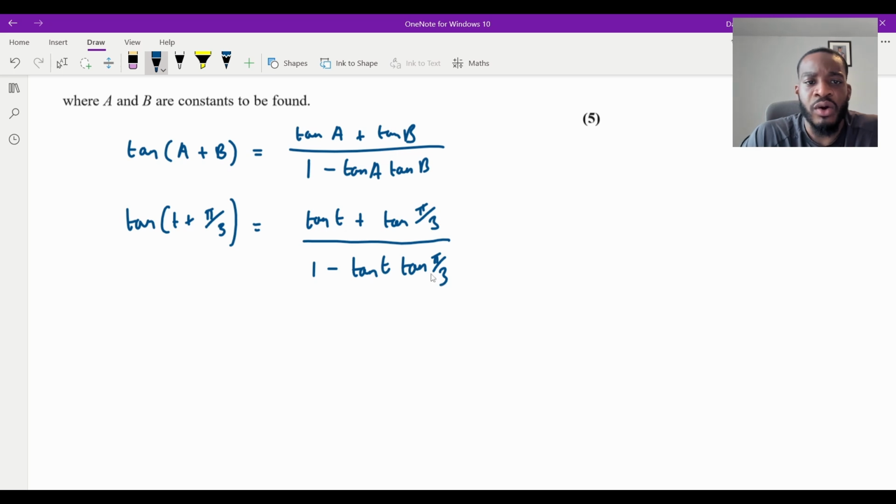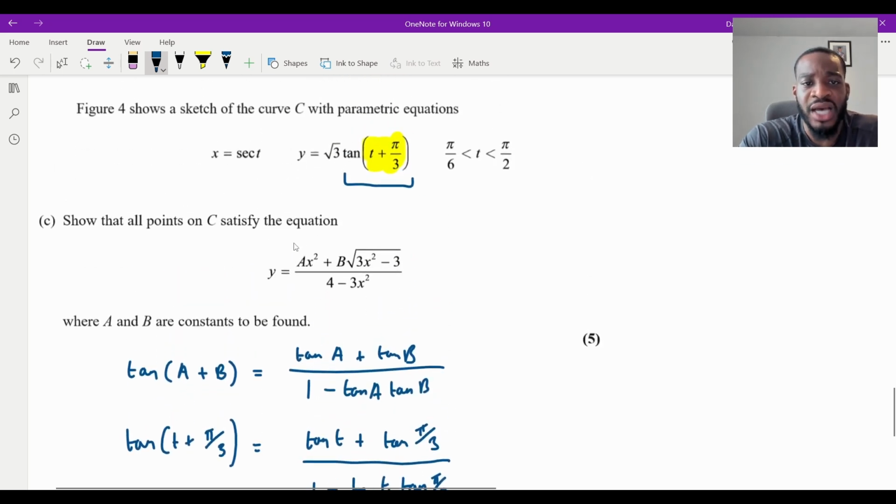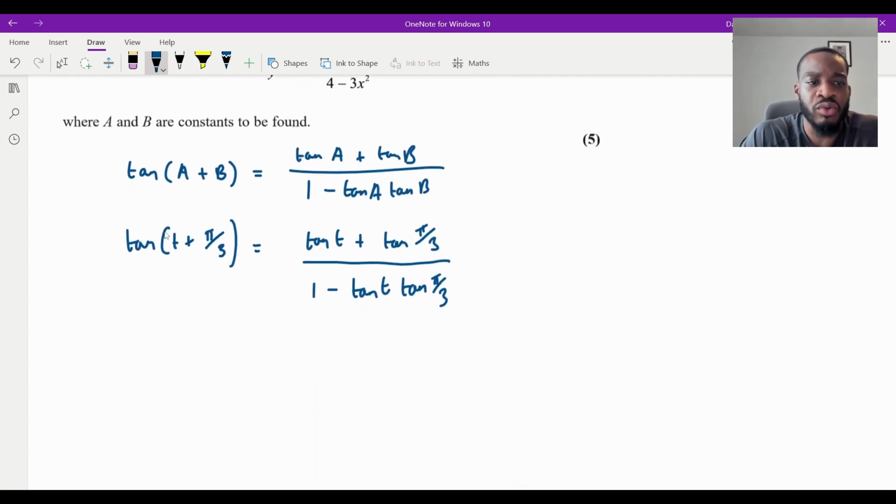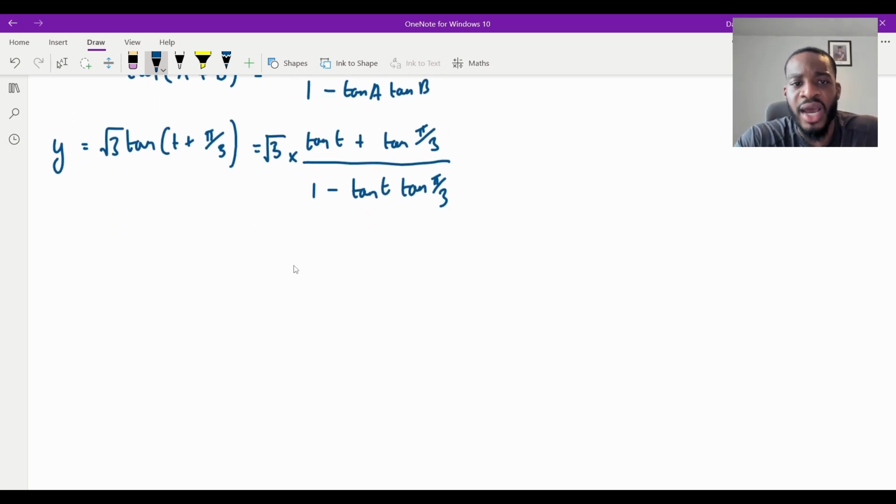Remember, this was y. y was equal to root 3 times that. So I'm going to put a root 3 at the front, just so I don't forget it.